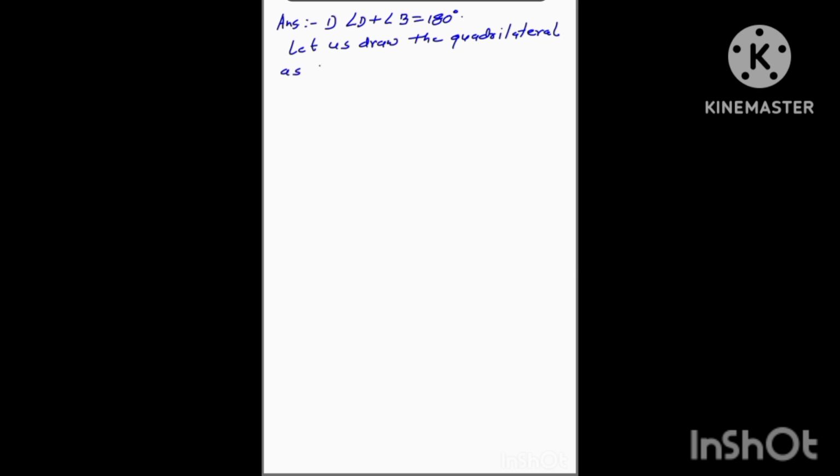See the comment. Let us draw a quadrilateral as a parallelogram. I am drawing a quadrilateral. We will name it as given there and see whether the conditions are satisfied or not. So this is a parallelogram, and we are naming it A, B, C, D, so that we will know what angle B and angle D are.